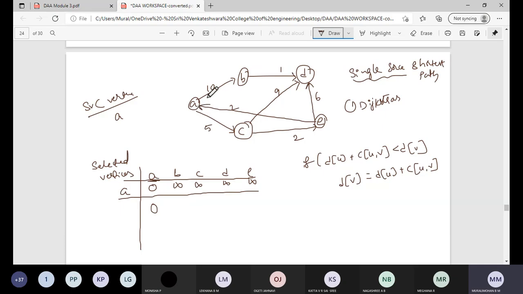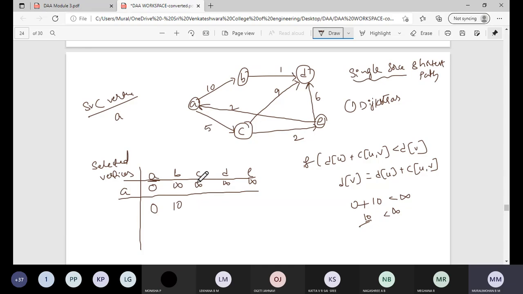So here 0 plus 10 is less than infinity. Initially B we are having infinity, so 0 plus 10 is less than infinity. So yes, true. True means we will update this, so 10 we are having for A to B.